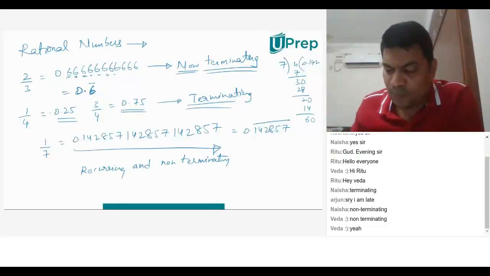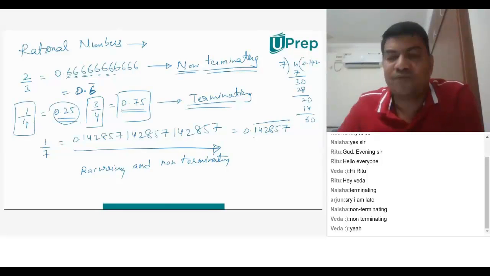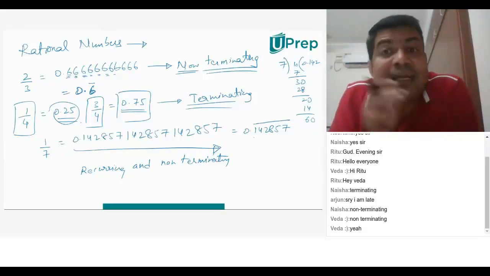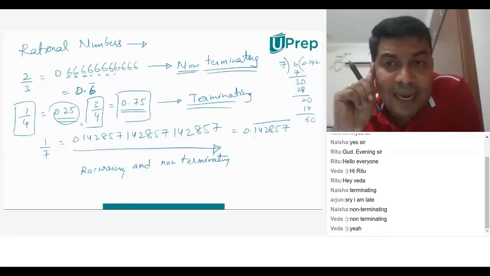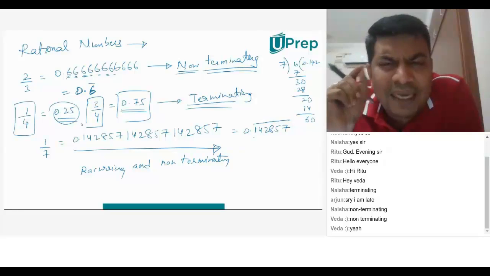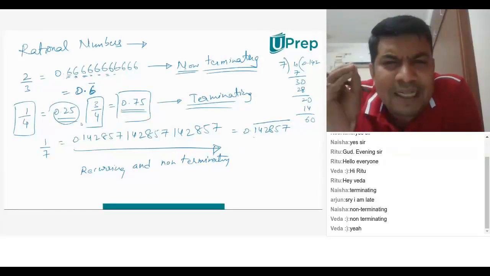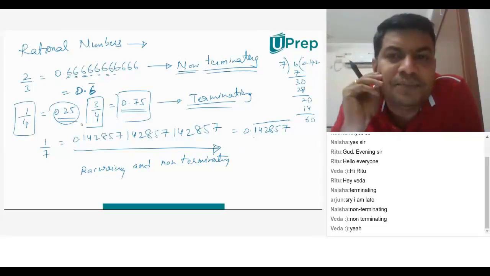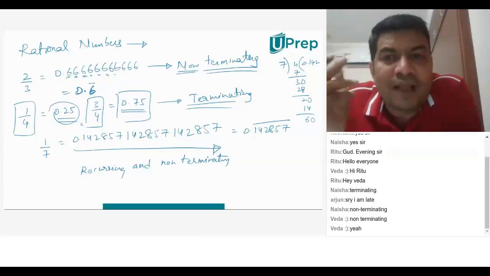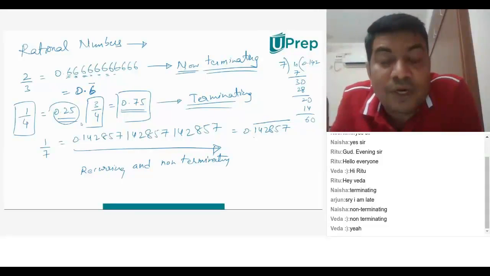A terminating decimal is a rational number anyway: 0.25 is 1 by 4, 0.75 is 3 by 4. If a decimal is terminating, it's a rational number. Please understand this logically. If you ask a 10th or 11th class kid what a rational number is in the context of recurring and terminating, he'll get confused, because they remember in school but don't understand.